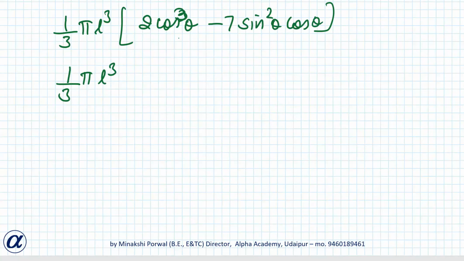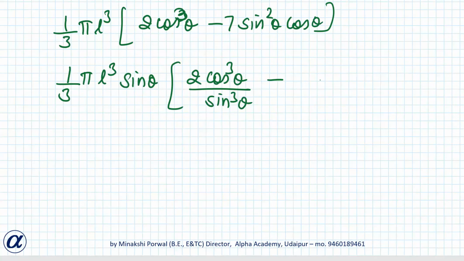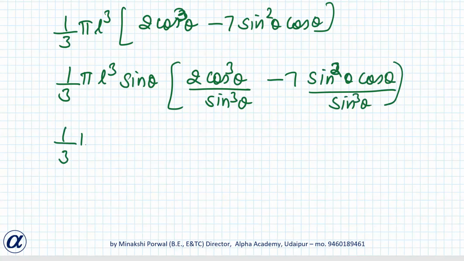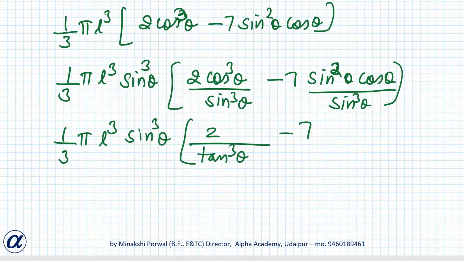If we divide and multiply by sine cube theta in numerator and denominator, it becomes 7 sine cube theta times sine square theta cos theta by sine cube theta. So it will be 1 by 3 pi l cube sine cube theta times 2 by tan cube theta minus 7 upon tan theta.